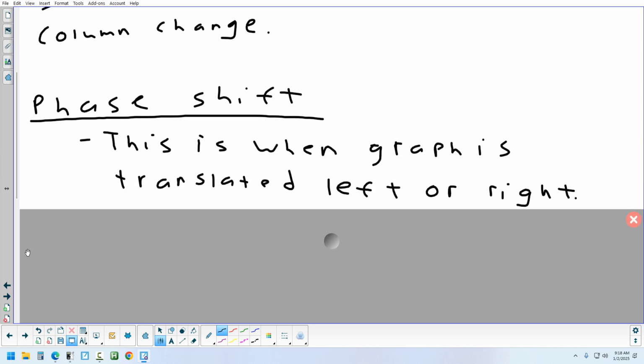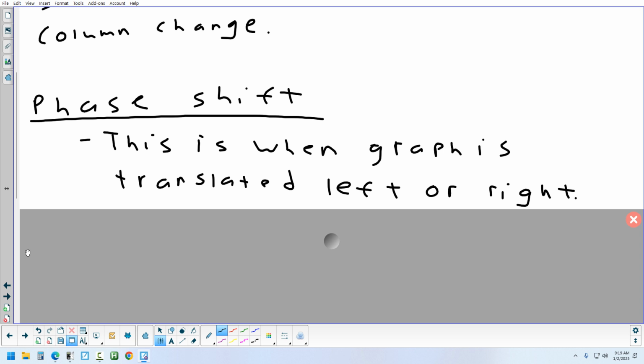Okay, so what is a phase shift? Phase shift is a horizontal shift. It's when the graph moves left or right. Now, when I teach trig, when it was its own separate course, this is the first time they've ever seen transformations. So they don't really know how a horizontal shift works. We've studied horizontal shifts with every function we've done all year.